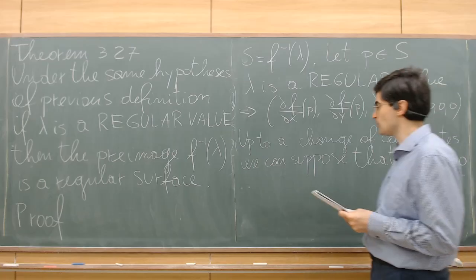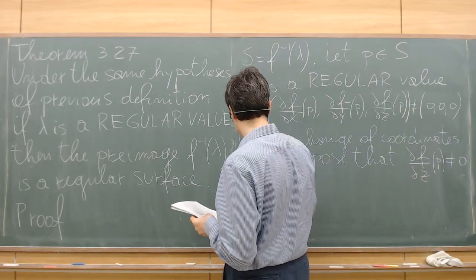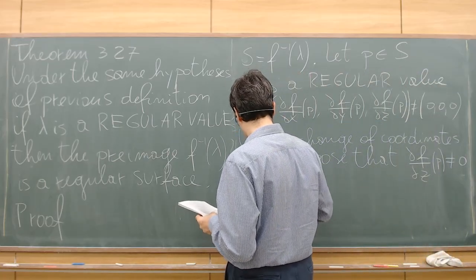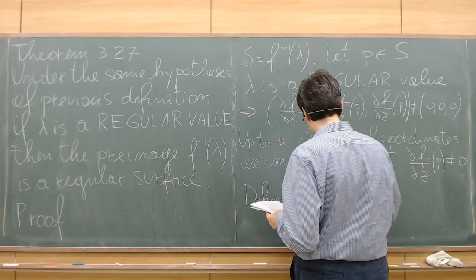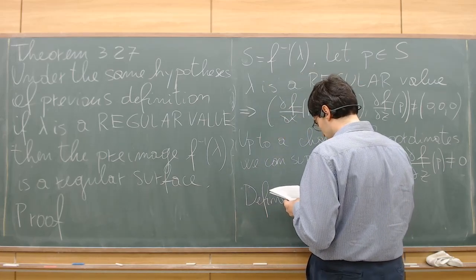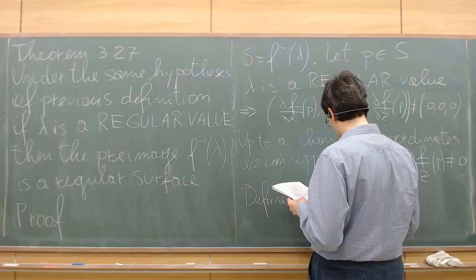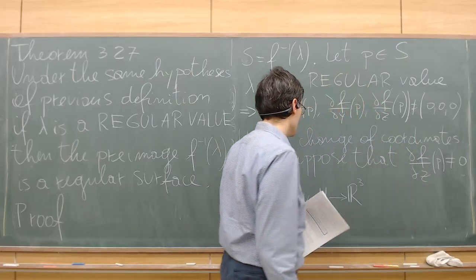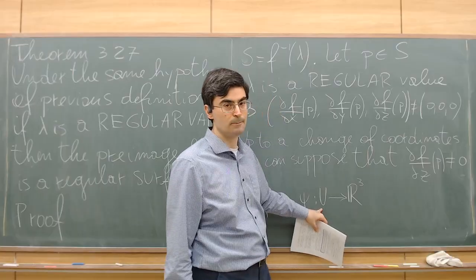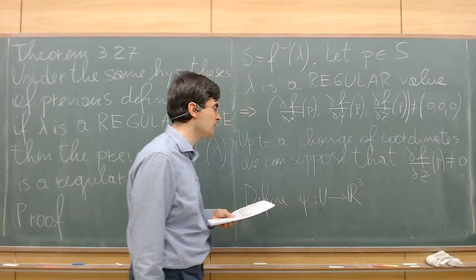Let's define an auxiliary function psi defined on U with values in R3, where U is the open set which appears in the definition 3.26.